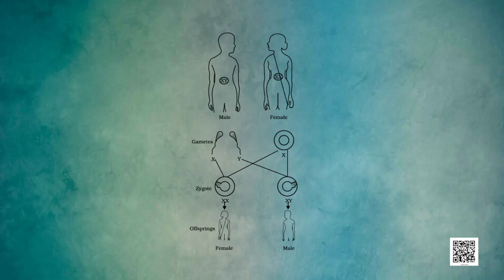But one pair, called the sex chromosomes, is odd in not always being a perfect pair. Women have a perfect pair of sex chromosomes, both called X. But men have a mismatched pair in which one is a normal sized X while the other is a short one called Y. So, women are XX while men are XY.